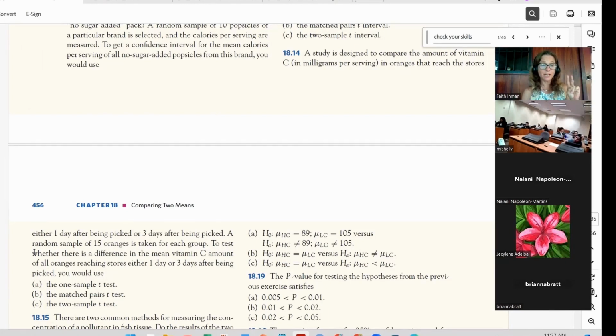Well, we definitely have 2 samples, but are these matched pairs? Same fruits. Not the same exact fruit. There's 15 oranges that were measured 1 day after being picked, and 15 oranges that were measured 3 days after being picked.